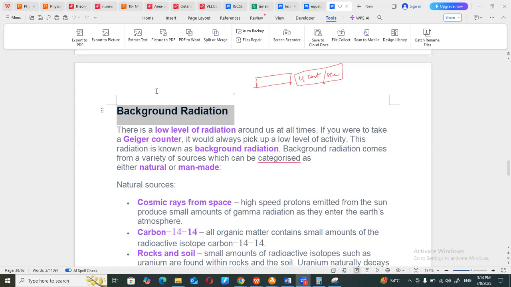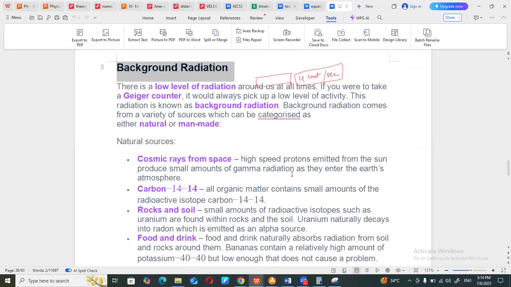All right. So what are the sources for that? We have cosmic rays from space. Basically, high speed protons emitted from the sun produce a small amount of gamma radiation as they enter the Earth's atmosphere. So this can be a source. Then we have carbon-14.